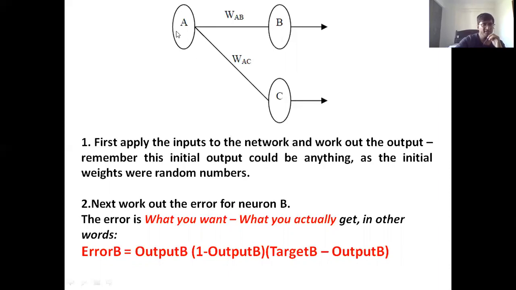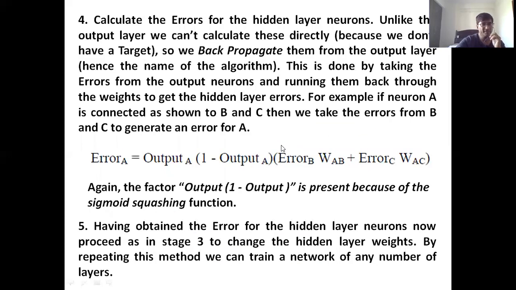And then since A is associated with B and C, what is the error at B, which we have already calculated, multiplied by this updated new value, W plus AB, and plus the error at C multiplied by W plus AC, the new weight that we updated. So this would be the formula to get the error at A, because it is being linked with both B and C. I hope that formula is clear now.